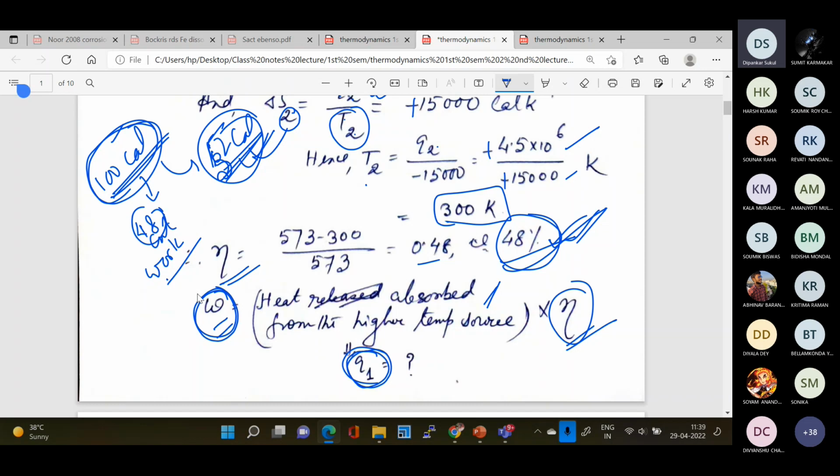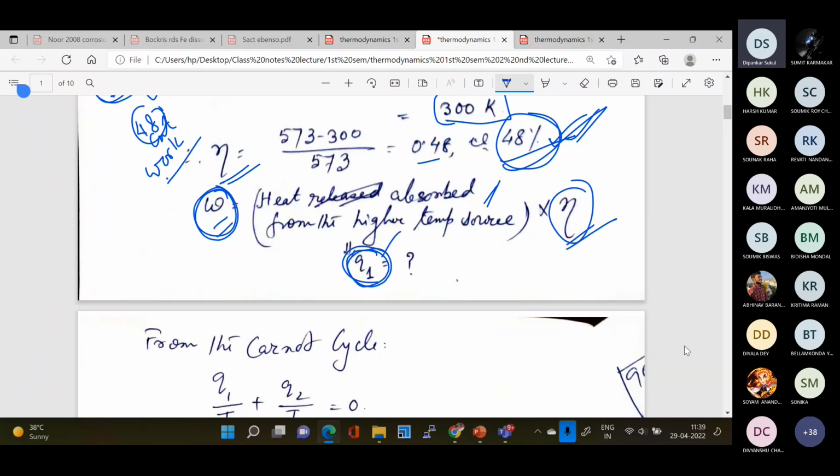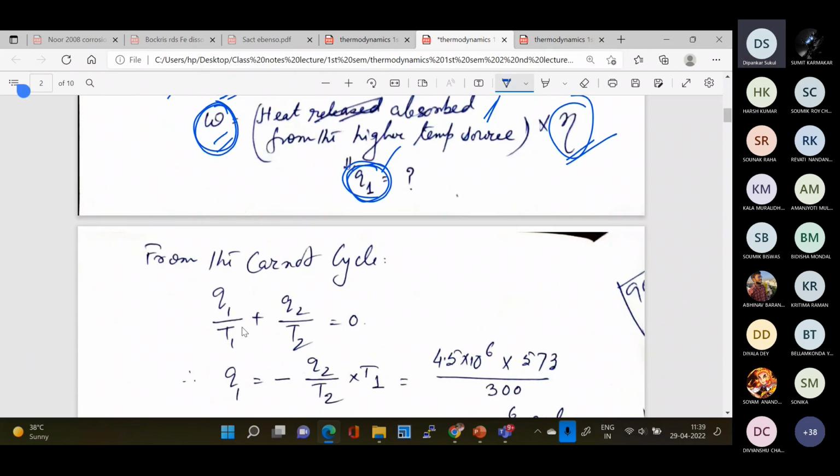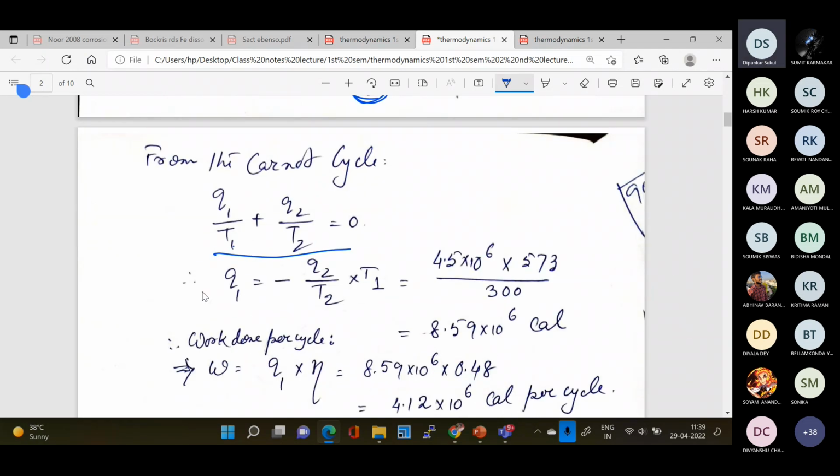Again, how can you determine Q1? You know the total entropy change for the whole cycle is equal to 0. That means Q1 by T1 plus Q2 by T2 will be equal to 0. And from here, your Q1 will be equal to this. Actually, in our convention, it will be minus.